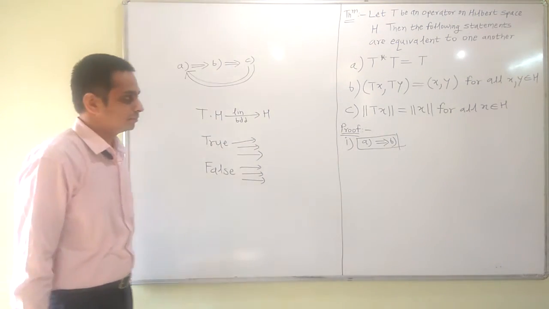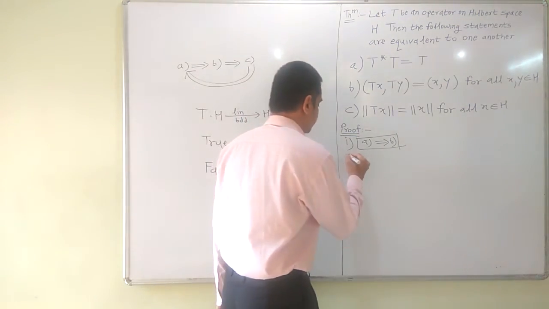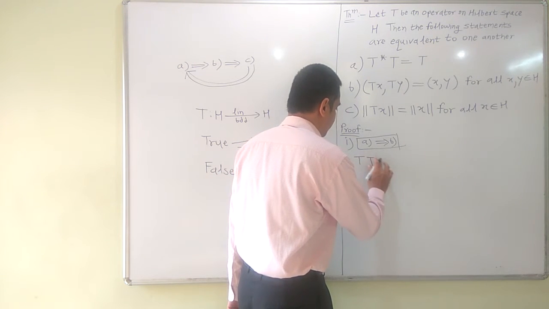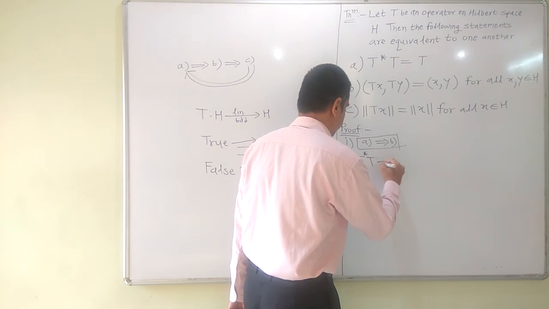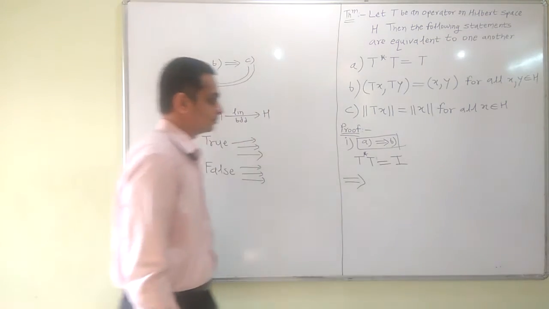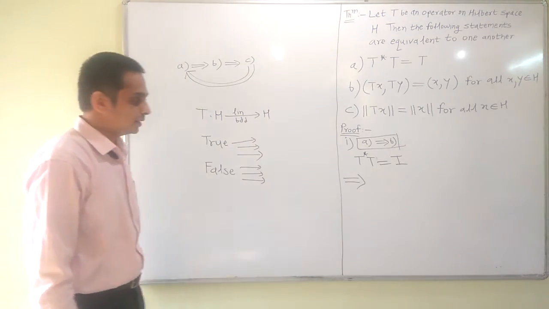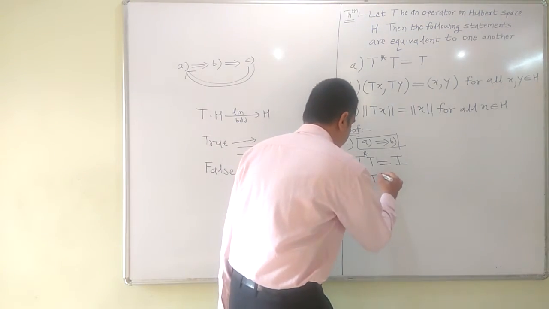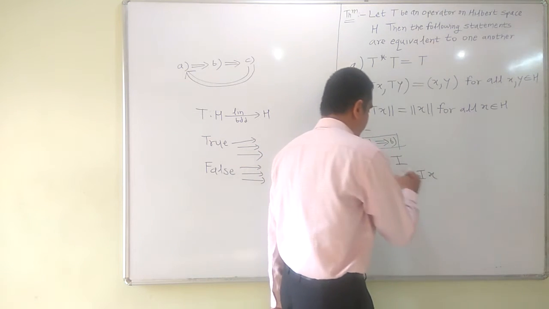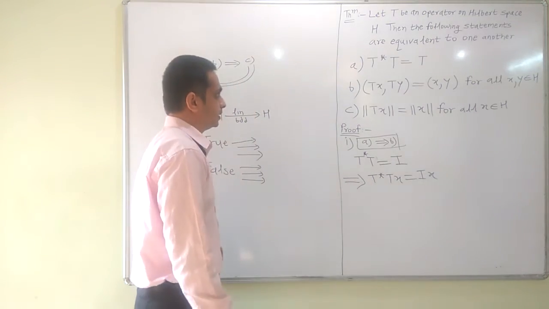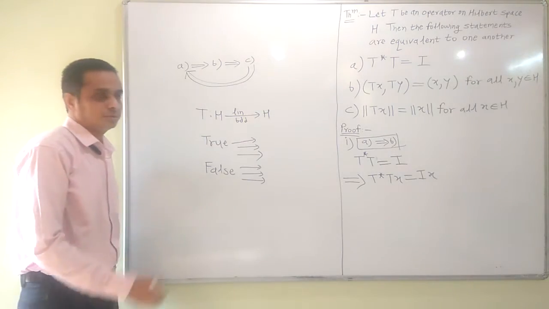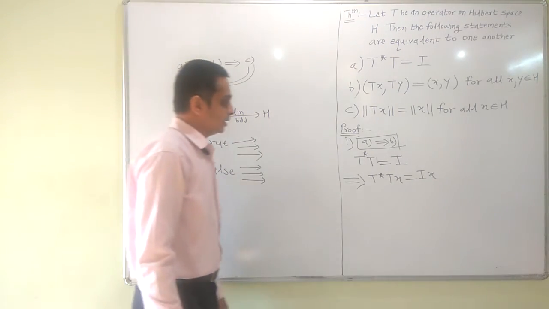Consider the hypothesis, that is T star T equals I. This implies that T star Tx is equal to Ix. I denotes identity operator on H. Here I made a mistake. T star T is equal to I. So please note this.